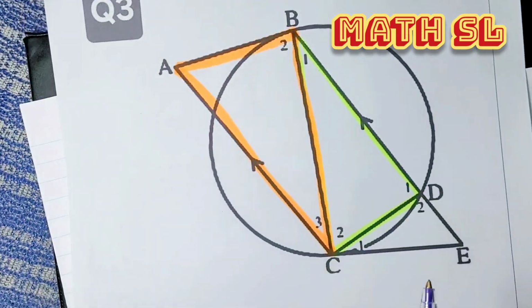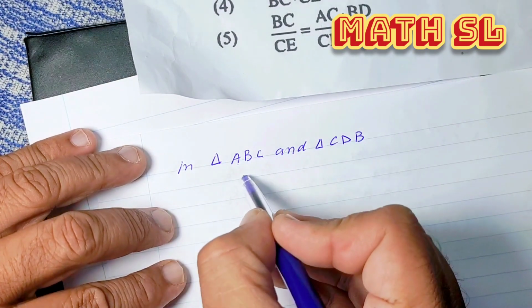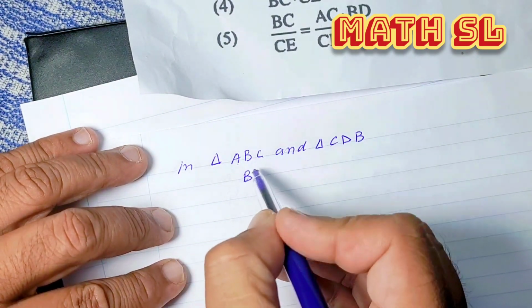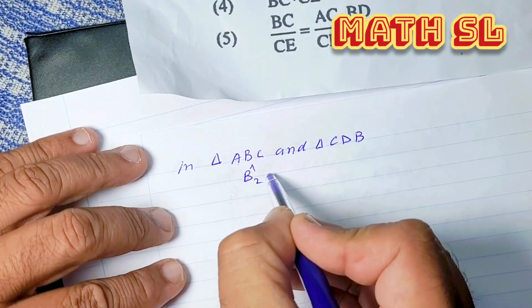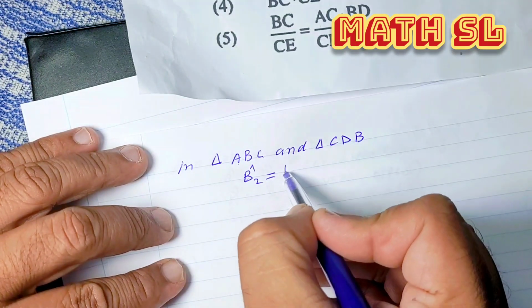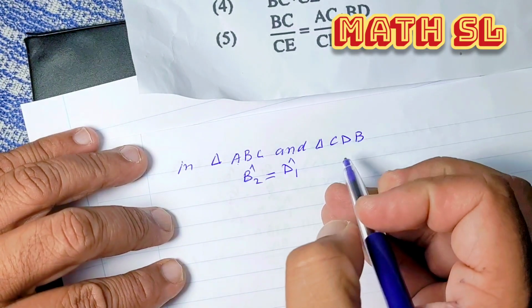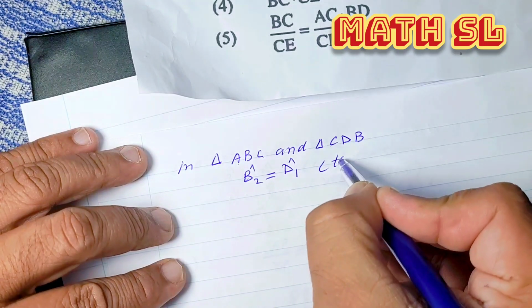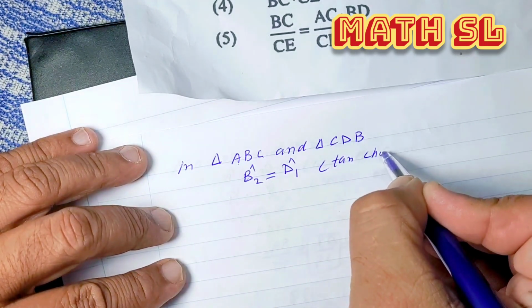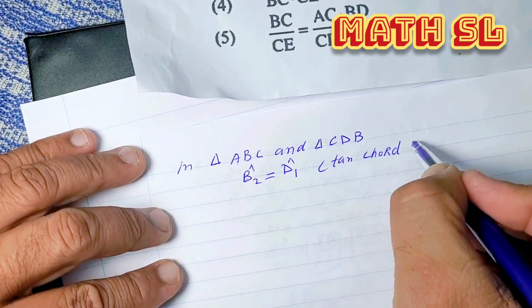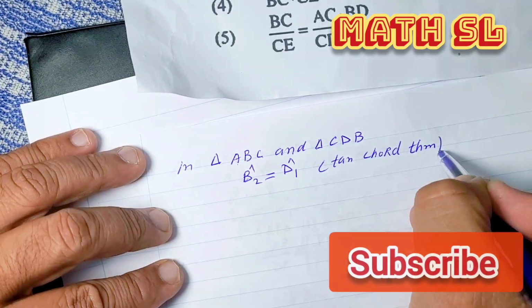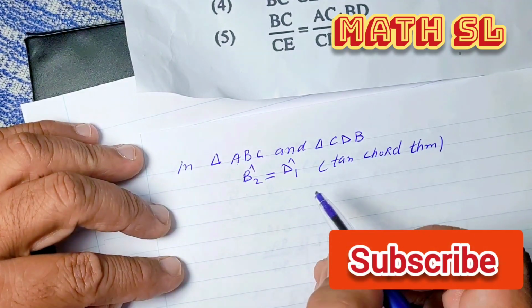So angle B2 is equal to angle D1, and the reason is tan chord theorem.